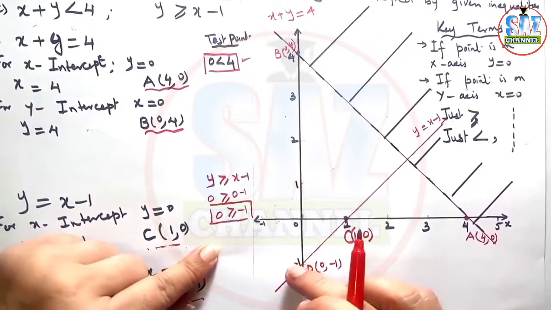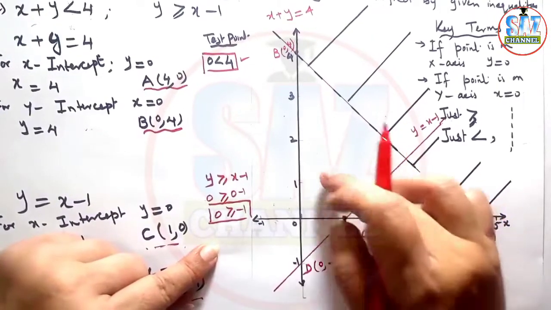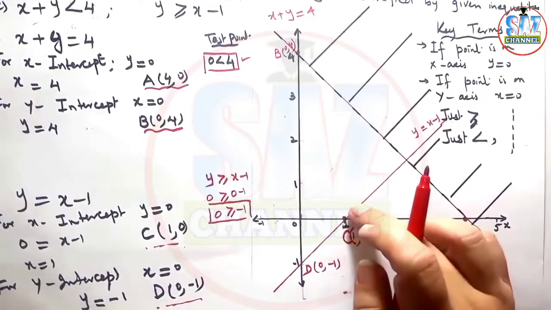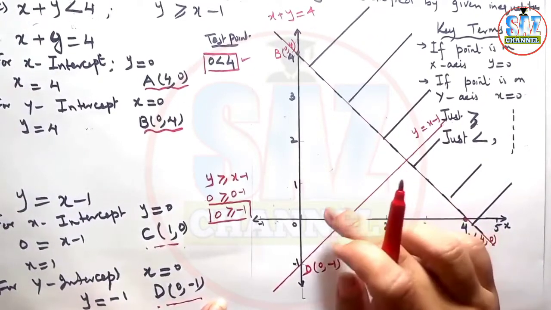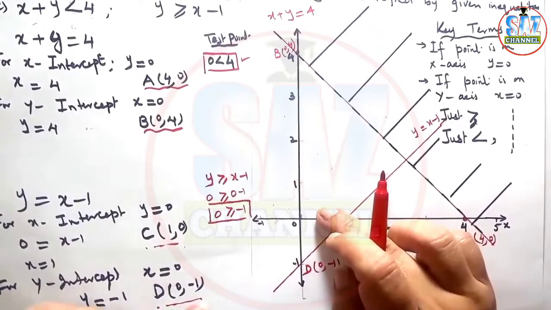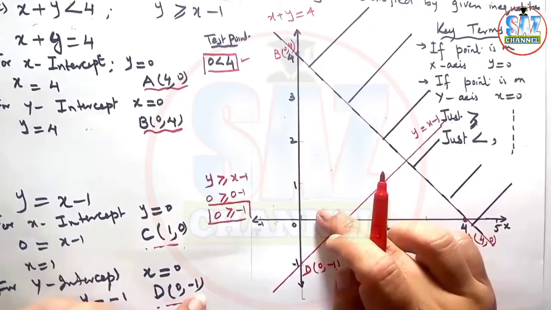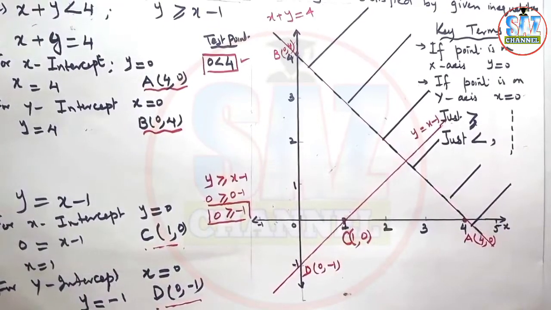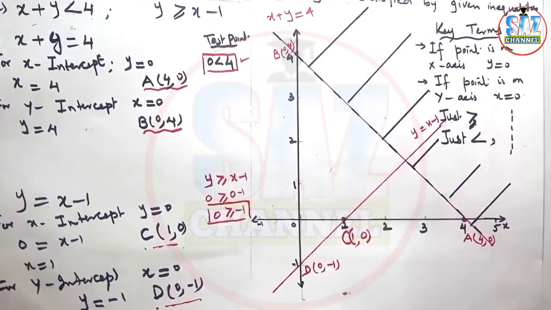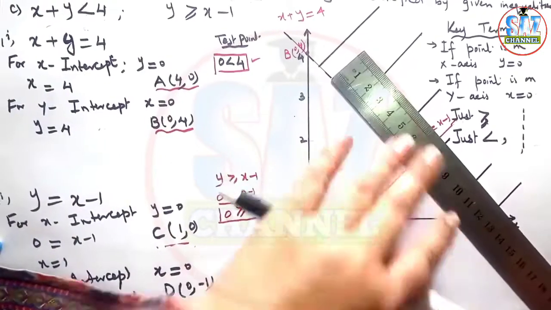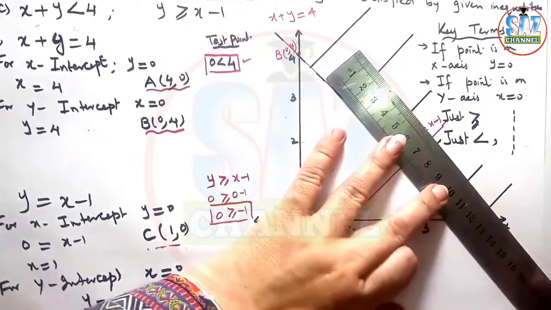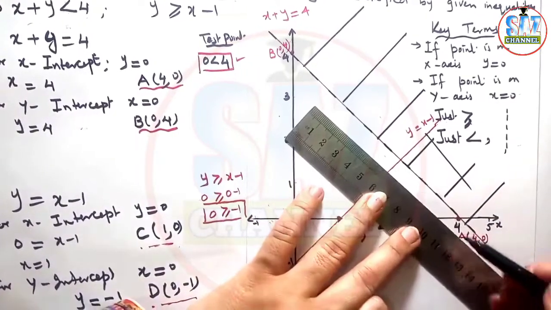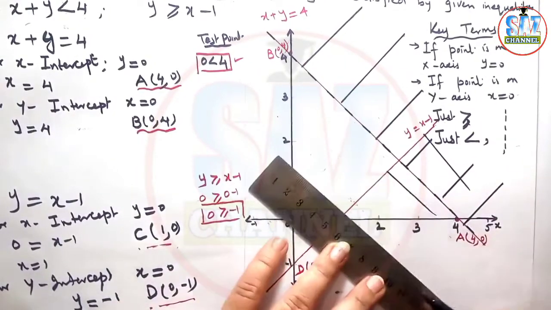So actually I have to move towards the origin. But I will not be going towards that side because the question says that I have to leave that region unshaded. So for this line, I'll be shading below the line. This line will receive the shading on the other side, on the bottom side.